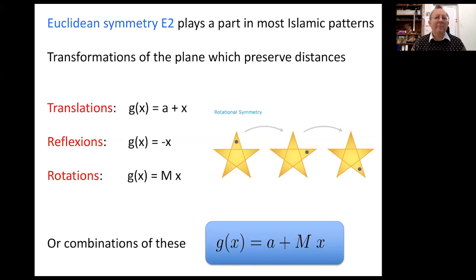Again, this comes back to my point that a lot of art, being very creative, is anticipating some of the mathematical developments, or mathematics can learn from art as well as art learning from maths.